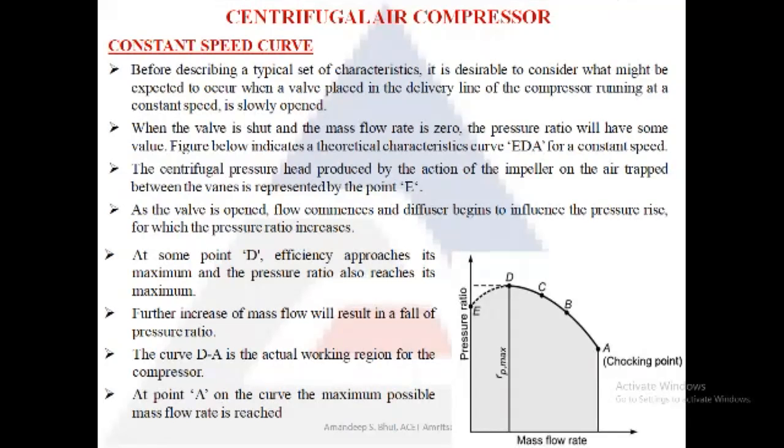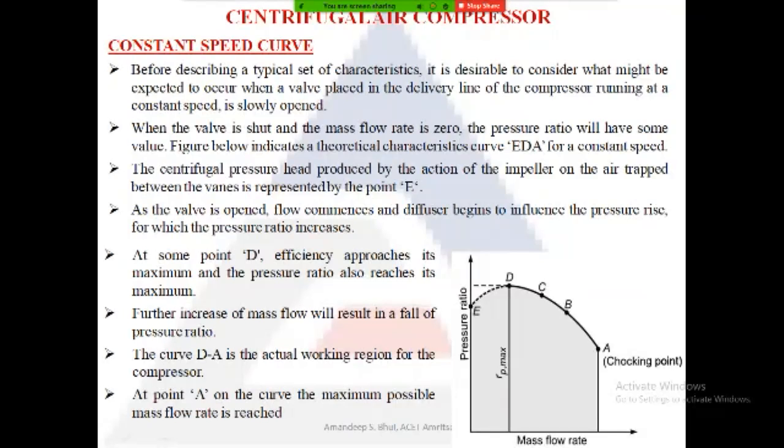Now, as we start to run the compressor, the air inside the impeller gets compressed. That point is given by point E. So the air inside the compressor is compressed while the delivery valve is closed, and that point is given by point E on this graph.